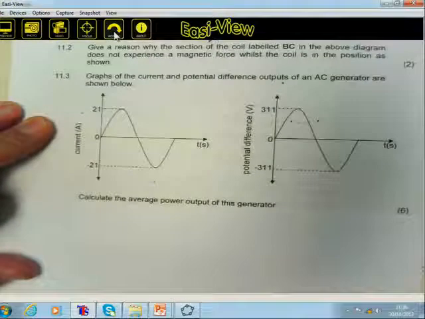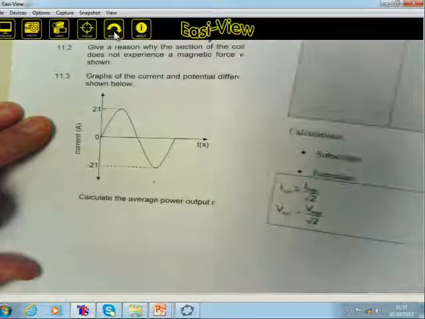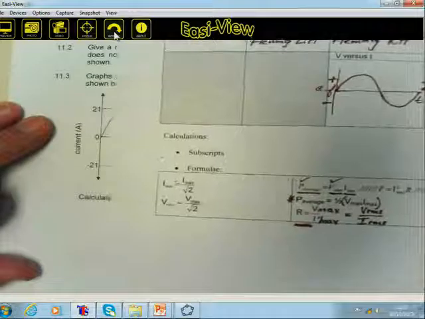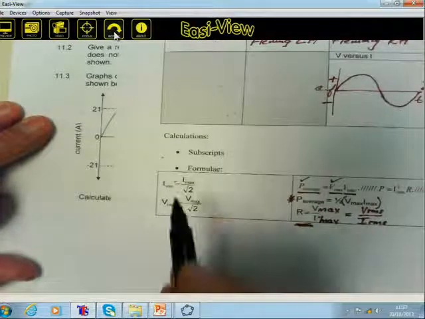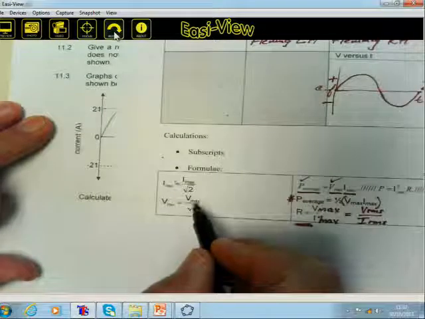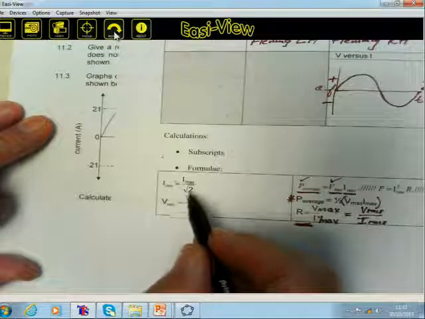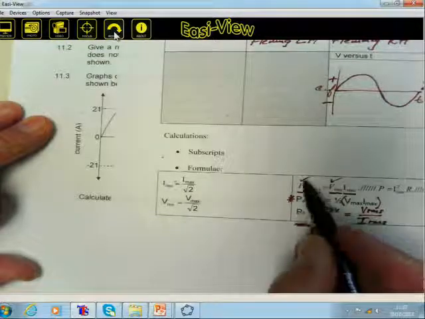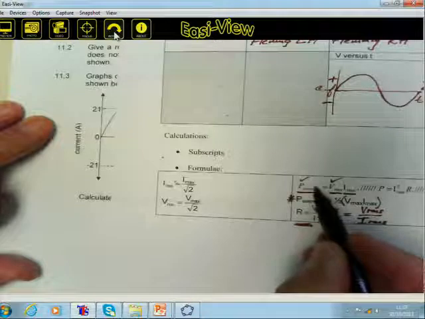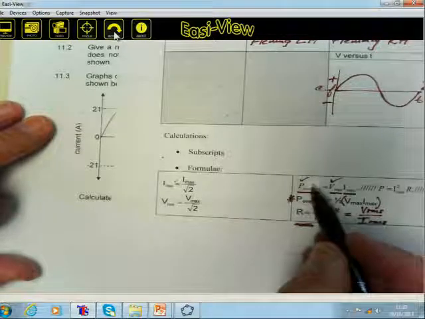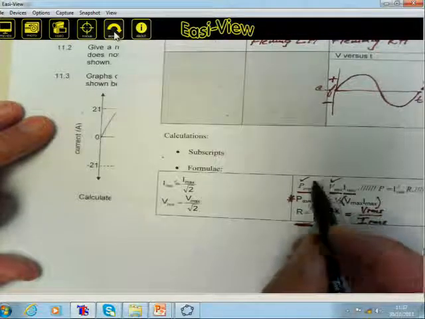Again, you can go back to your data sheet, and now in this instance you will see that they give you Imax and Vmax. They are looking for the average power generated in this question.